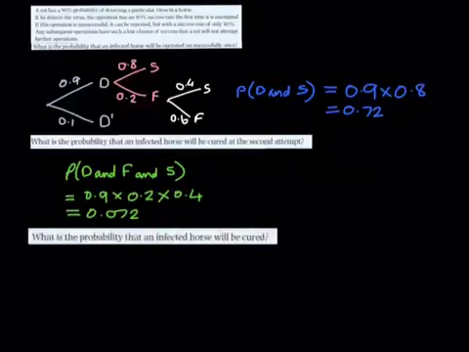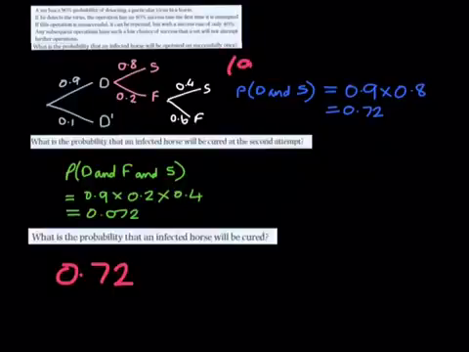Lastly, we're asked, what is the probability that an infected horse will be cured? So that's the situation of whether he was infected and cured on the first attempt, or he was infected and cured on the second attempt of the operation. Okay, so diagnosed and cured on the first attempt is 0.72, which we found out in the first part of the question.